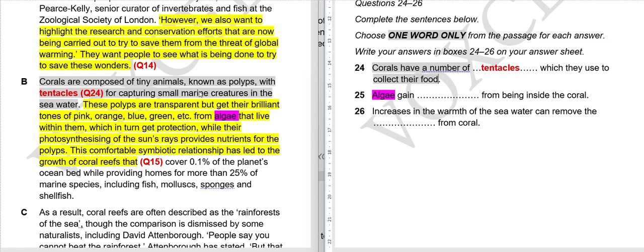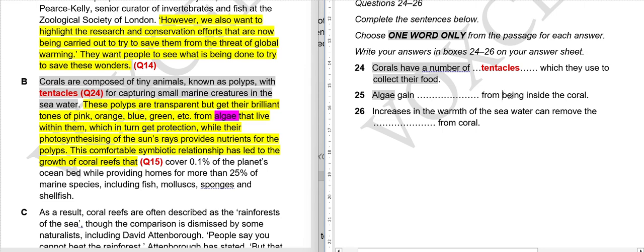They are carnivores, so they are capturing small creatures. So how are they capturing? With the help of tentacles. If you know tentacles, you know there are a number of tentacles an animal can have. So, tentacles.